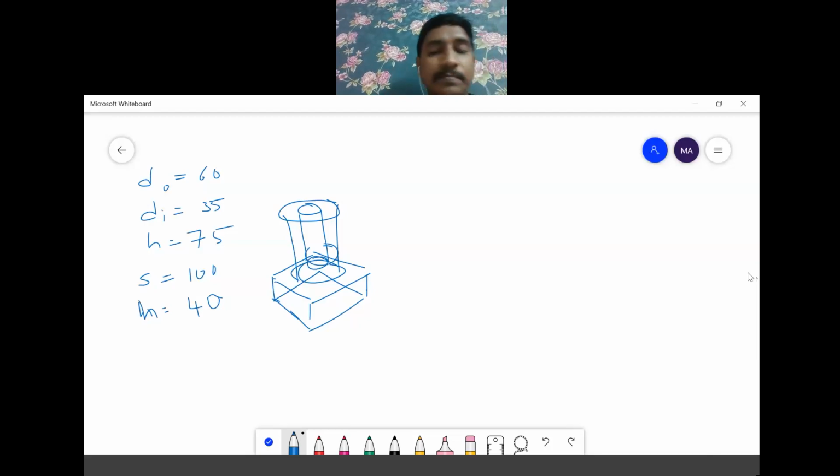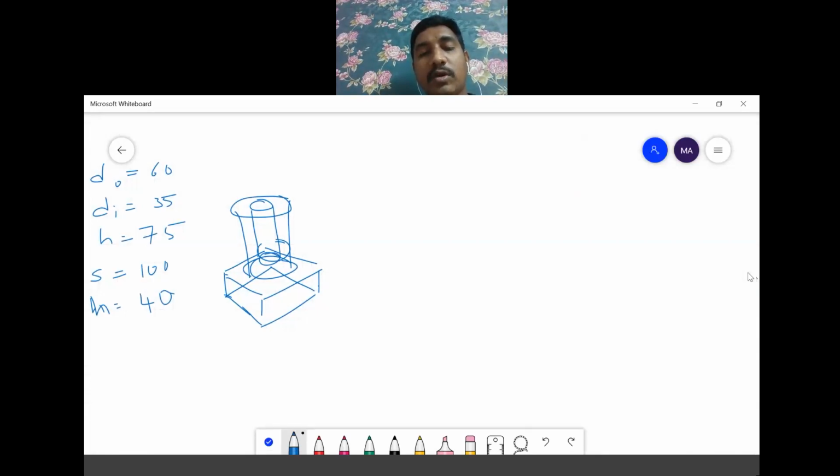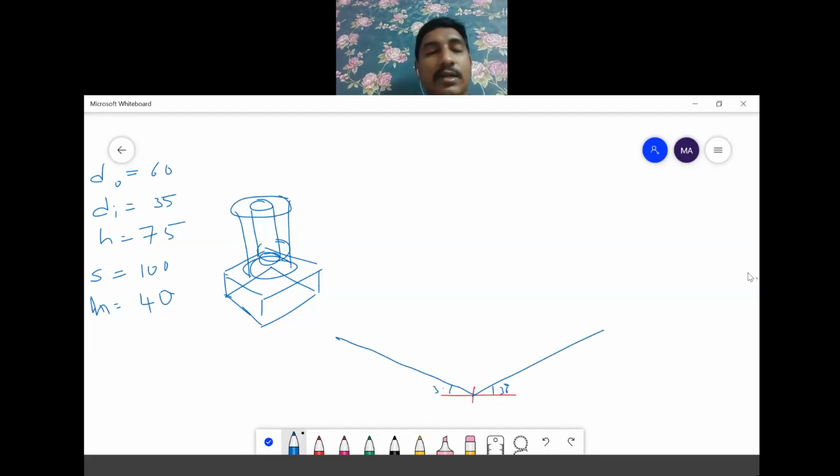The procedure will be same as which I have drawn previously. You know how to draw the square prism. So here I am taking 30 degrees inclination this side, 30 degrees this side, and I am cutting the side as 100 mm.